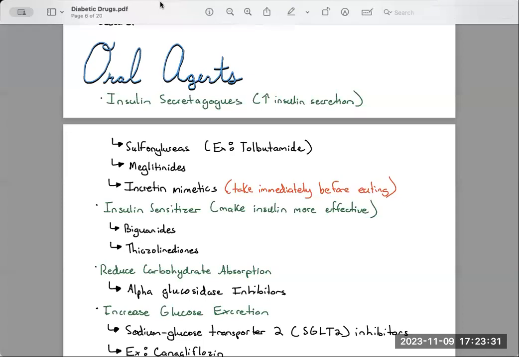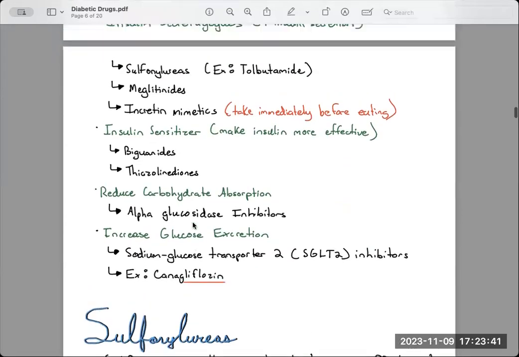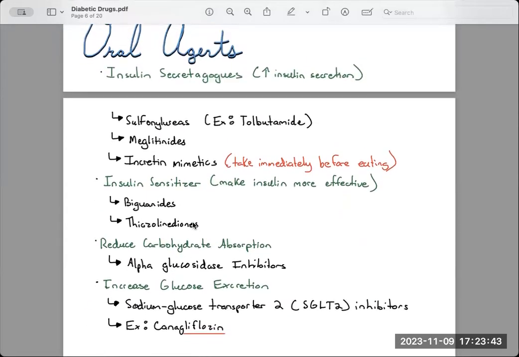Those insulin levels are not really able to do what they need to do because those beta cells aren't working properly because of their lifestyle habits, okay? So we have a few different classes of medications, and it might get a little confusing. So it's great if you're starting early, because there's a lot of G starts and G endings when it comes to looking at these different oral agents.